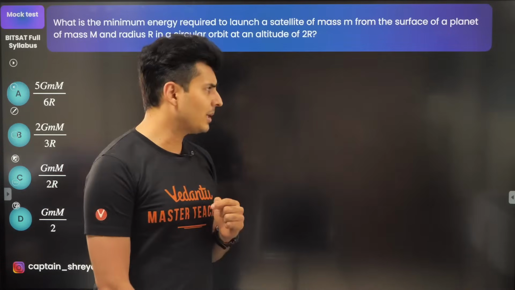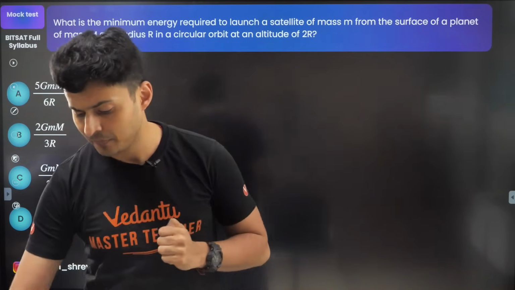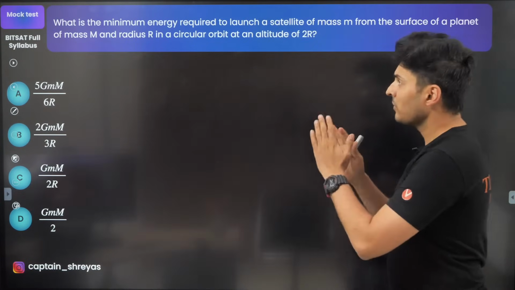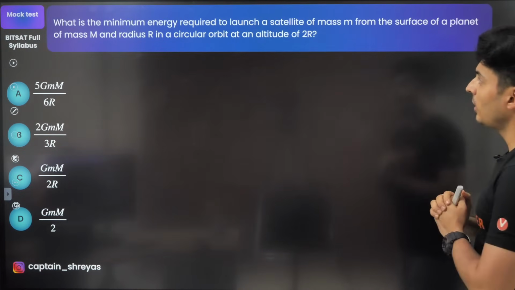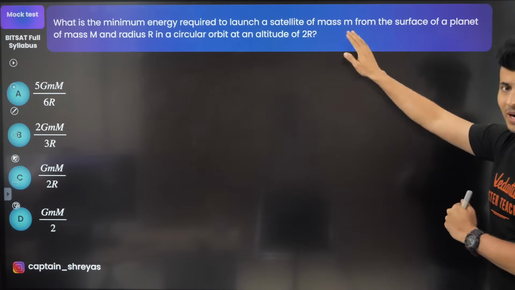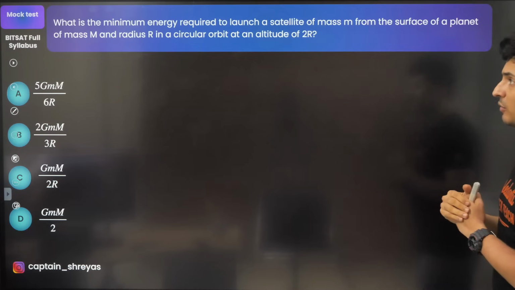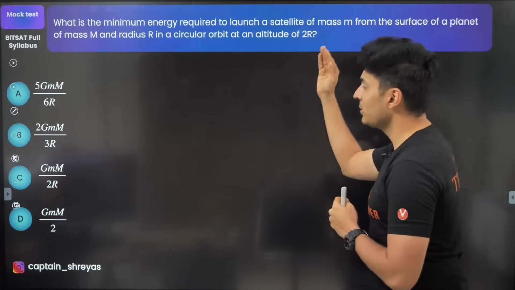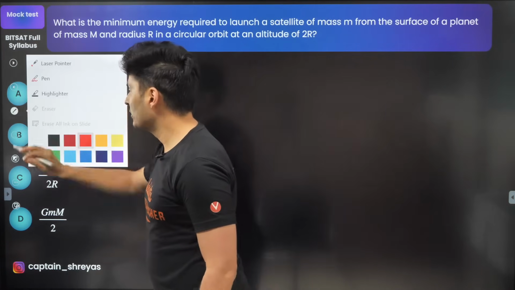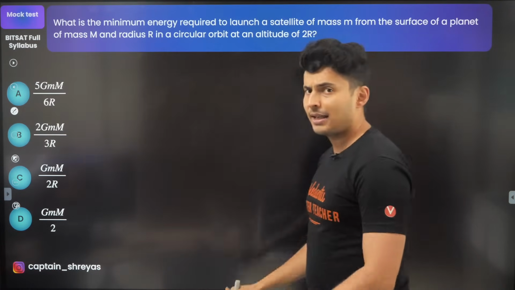Here is the first question coming up on your screen right away. We have a question on, I think, gravitation. What is the minimum energy required to launch a satellite of mass m from the surface of a planet of mass capital M and radius r, into a circular orbit with altitude 2r? I feel we should start straight away with the diagram.